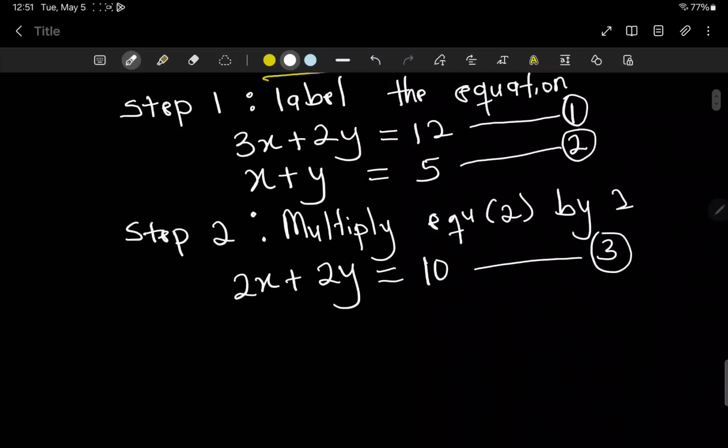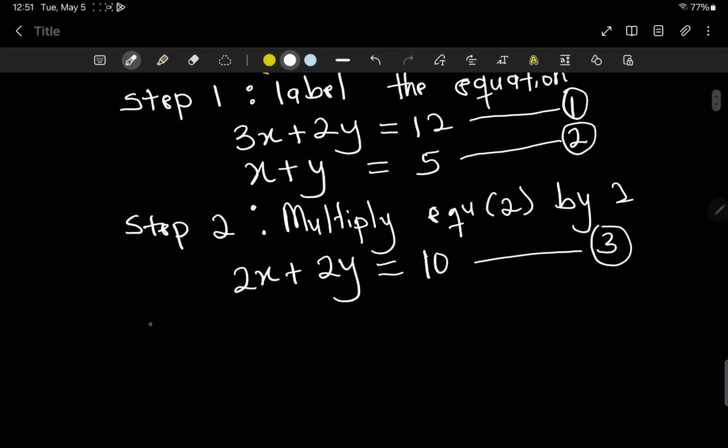Okay, now let's go to our step 3. Now for our step 3, since we are using the elimination method, we want to get rid of one variable.